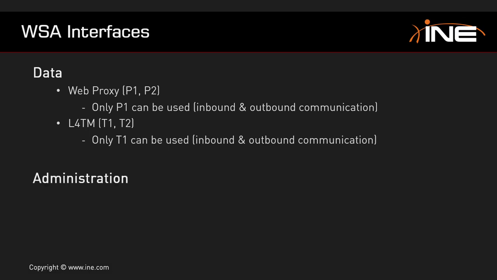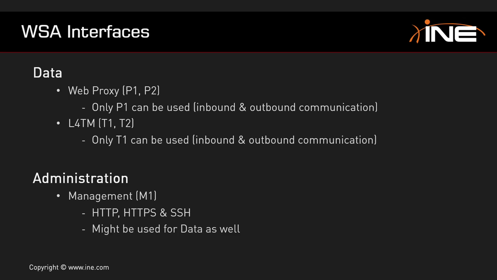And then for administration, there's going to be just one interface that we will use to access a WSA to configure it. It is going to be the management port M1. We can connect using HTTP, HTTPS, or SSH. One important thing to remember is that in the simplest deployment, it is going to be possible to use a single interface for both the data and management plane.